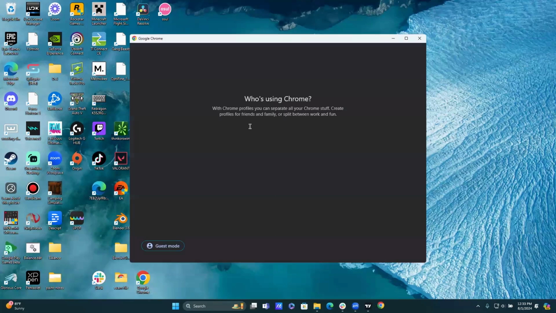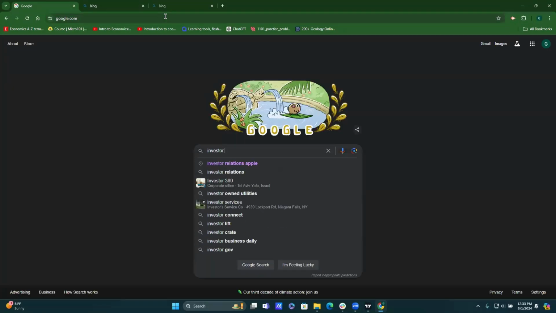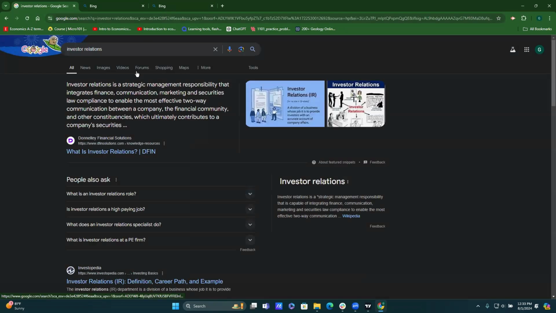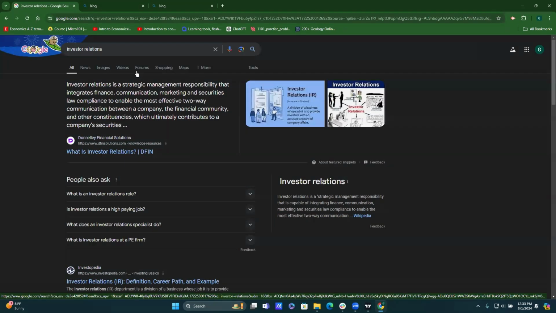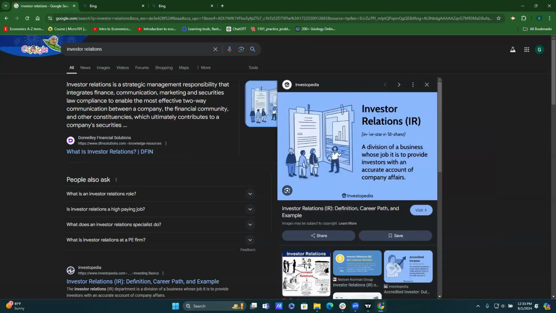Basically, investor relations. I'm just going to need you to search up the definition so we can get a grasp of what it is. Investor relations: a division of a business whose job it is to provide investors with an accurate account of company affairs.